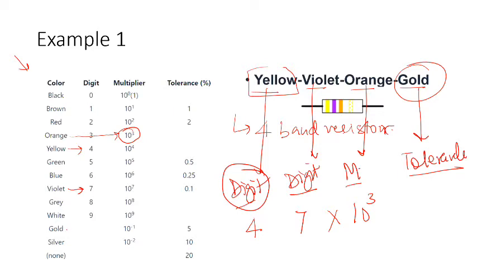Let us check what is the tolerance of the gold band. So the tolerance of the gold band is plus minus 5%. So the final value of this resistance, in a more appropriate form, would be 47 kilo ohm with a tolerance of plus minus 5%.